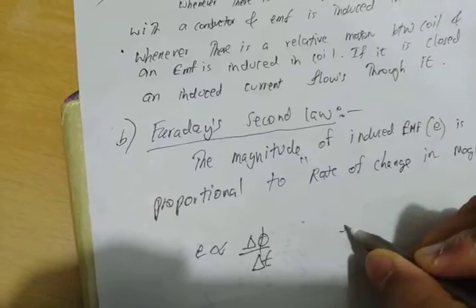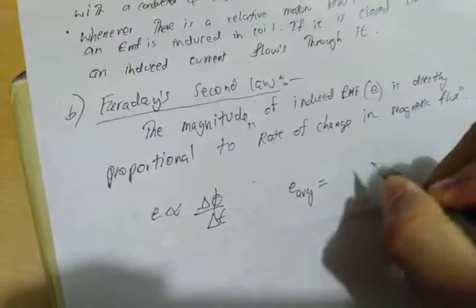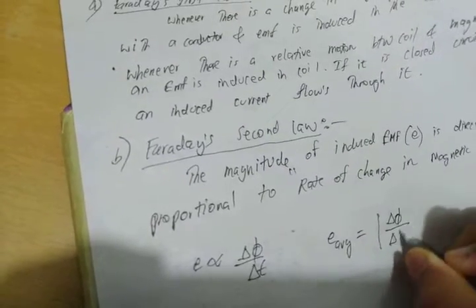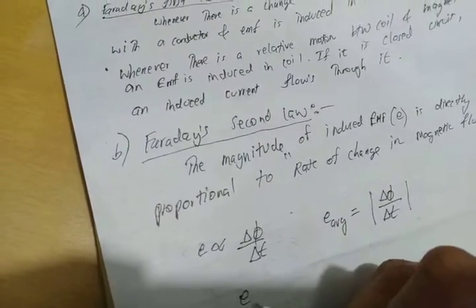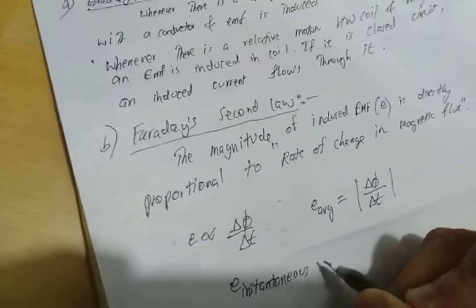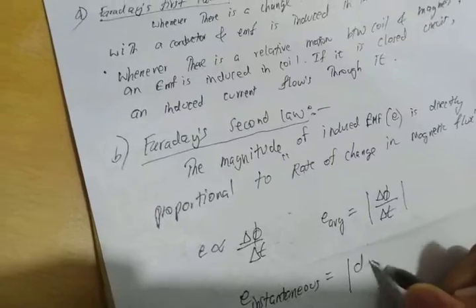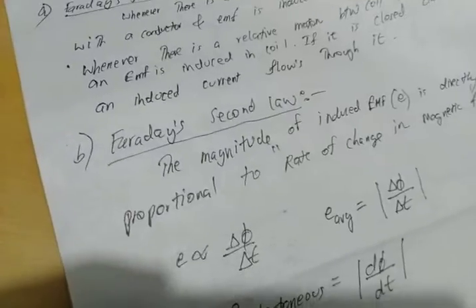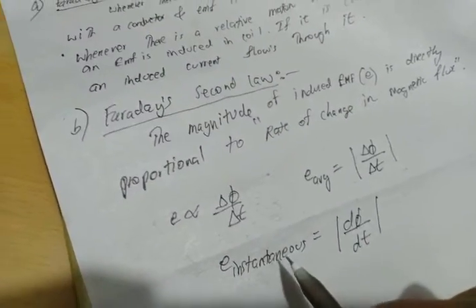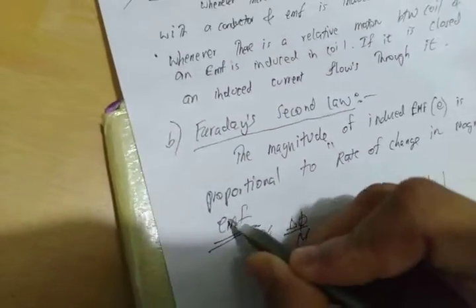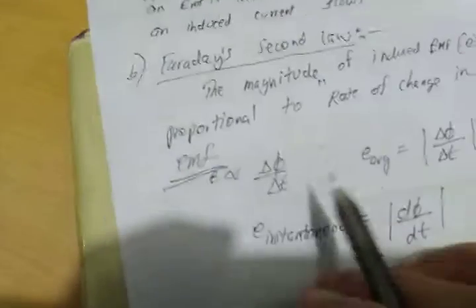So the average EMF is equal to mod of delta flux by delta t, and instantaneous EMF is equal to mod of d flux by dt. Okay, this is about EMF in Faraday's second law. Note it down.